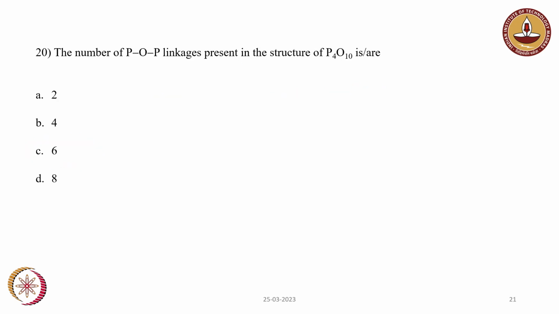The next question is the number of POP linkages present in the structure of P4O10 is or are. Option A is 2, B is 4, C is 6 and D is 8. So P4O10 is synthesized from P4 heated at 323 Kelvin in presence of oxygen, it gives P4O10.